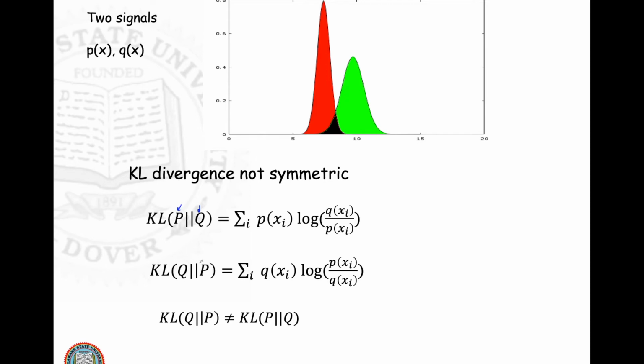So if we swap the first parameter with the second parameter for KL divergence, we get a different expression. Moreover, the first parameter is also going to govern which probability you're going to use to take the weighted sum for the expectation. So the KL divergence of Q on P is not the same as KL divergence of P on Q.